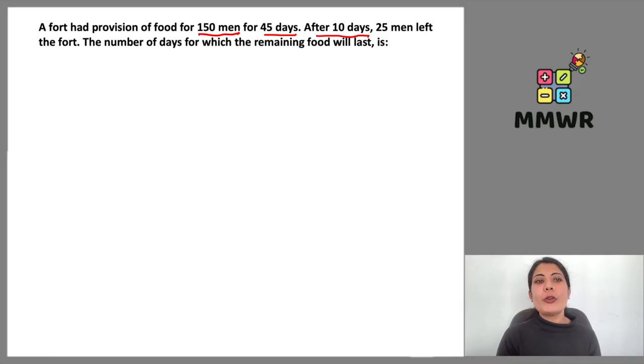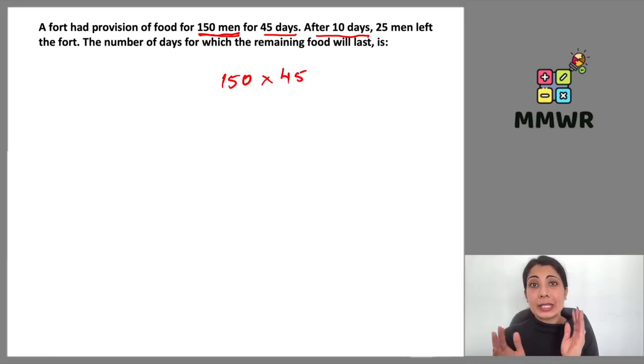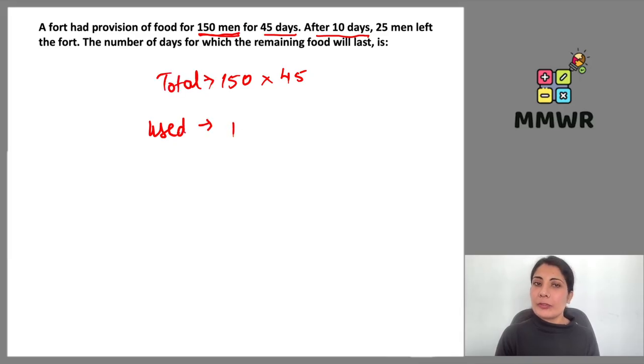Okay, so the fort had provision. Actual में उनका जो number of men है, that can be used for 45 days. This was the entire storage with them for the food. After 10 days, how much they have used? 150 people have used it for 10 days. अब 45 days में से 10 days तक तो उन्होंने use कर लिया.